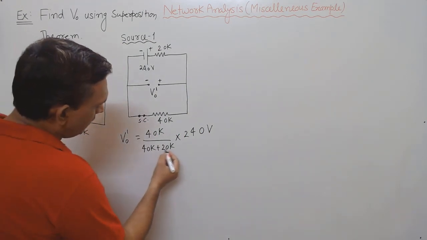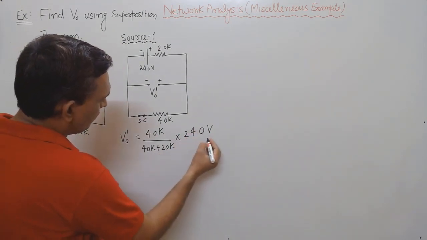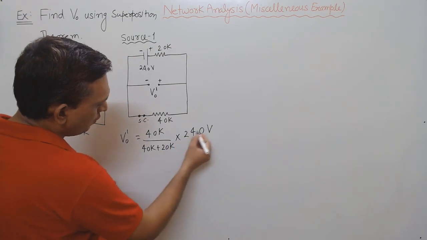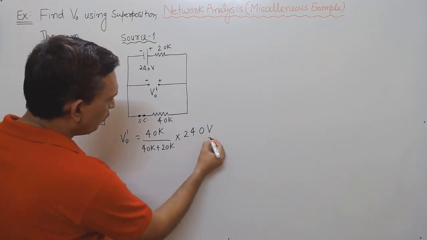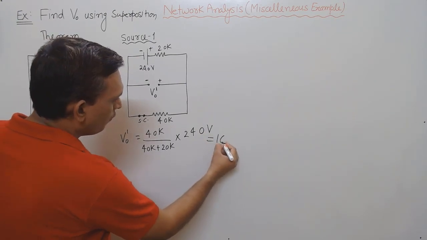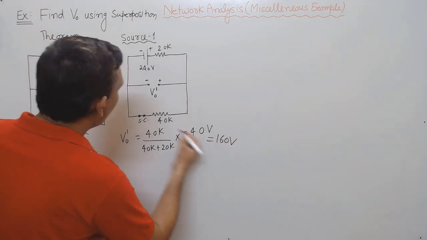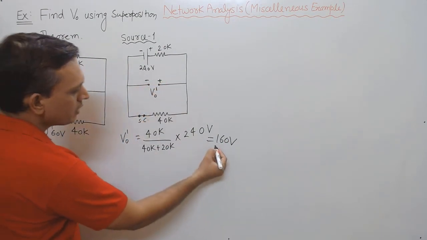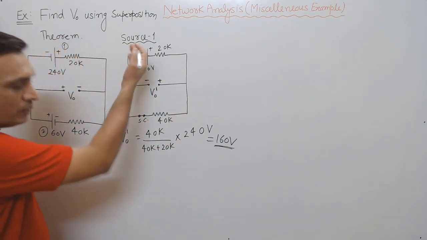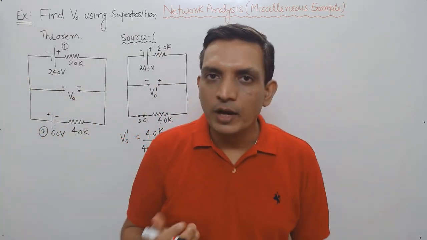So this will be 60, so this will be 4 times. So total voltage is 160 volt. So VO dash with this polarity is 160 volt. This is the voltage drop due to source 1 only.